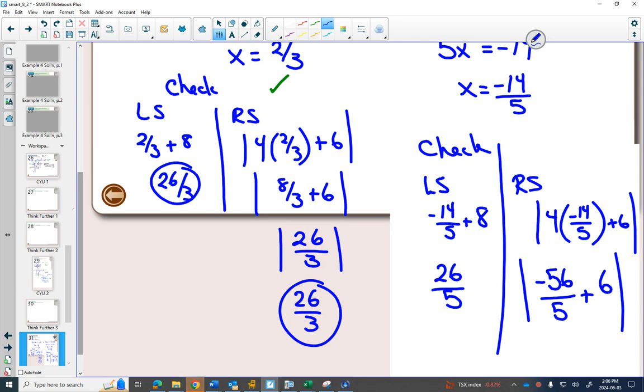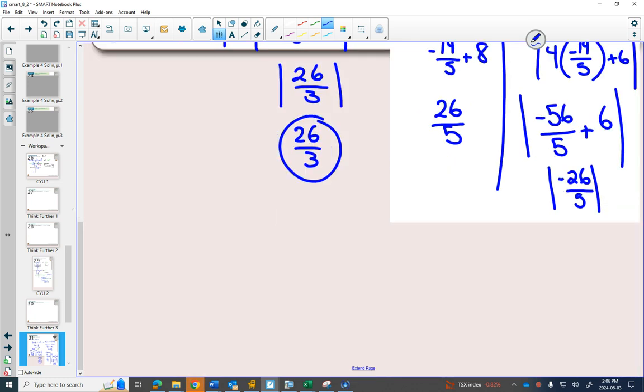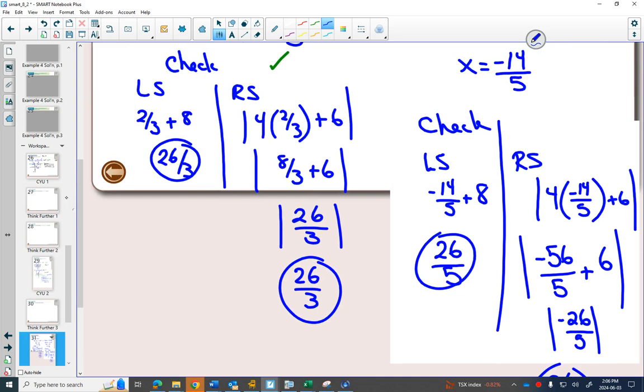And 6 is 30 over 5, so this becomes negative 26 over 5. And the absolute value, now that I have a single number, these match up perfectly, so that tells us this answer works as well.